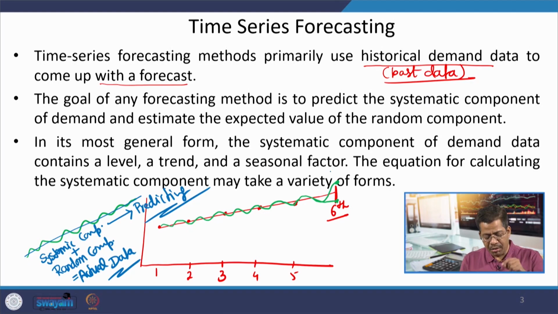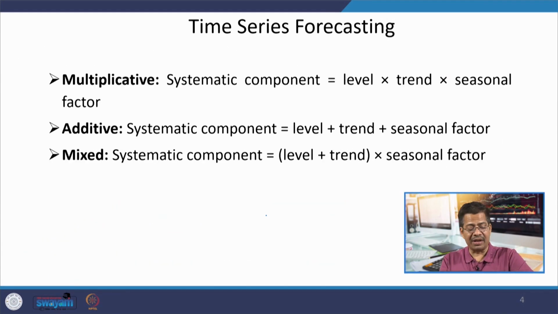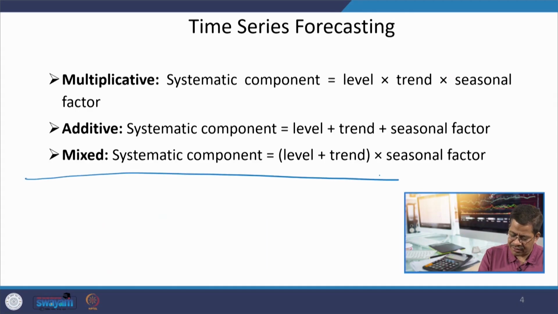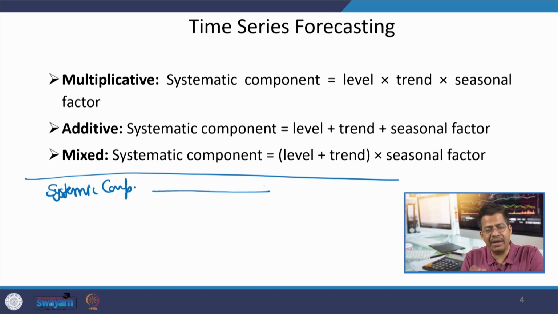Now, when we are looking at the systemic component of the demand data, this systemic component also may have some kind of characteristics, and these characteristics are possible in a variety of ways. Systemic component may have a straight line like this also. Systemic component may itself have a trend.